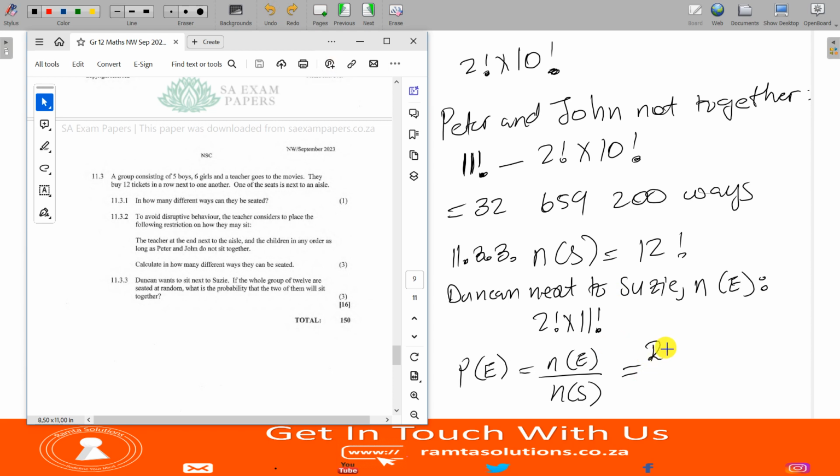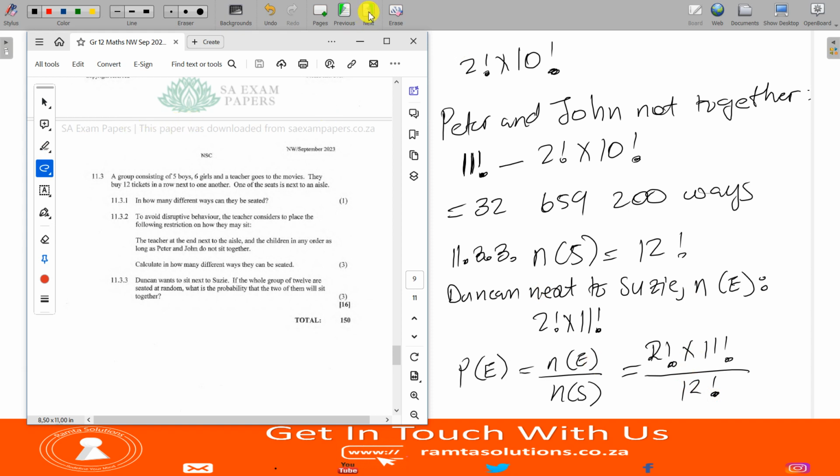It was 2 factorial times 11 factorial all over the sample space, 12 factorial. Okay, let's go. 2 times 11 factorial over 12 factorial should be 1 over 6.